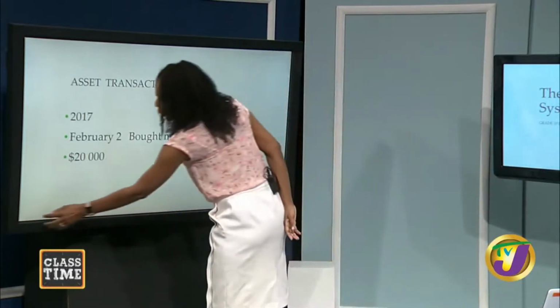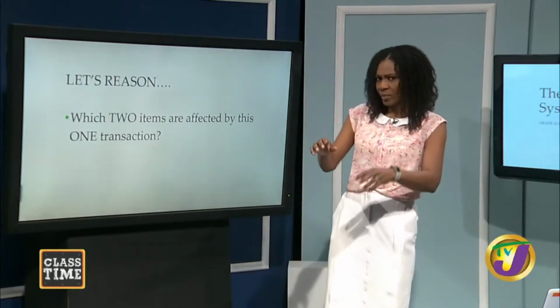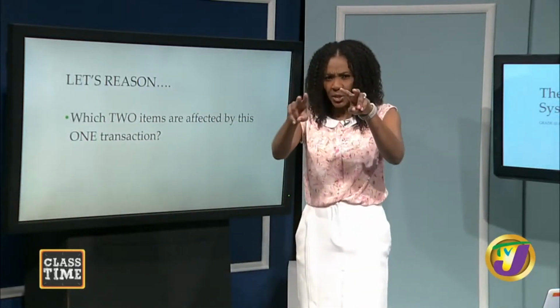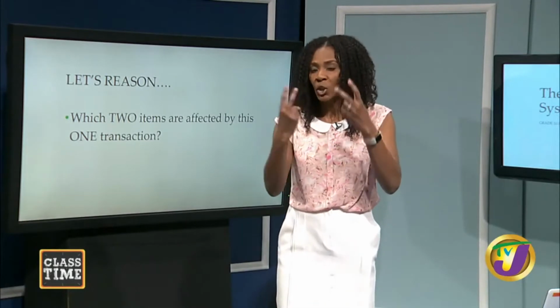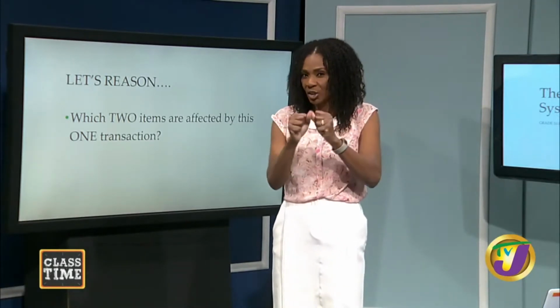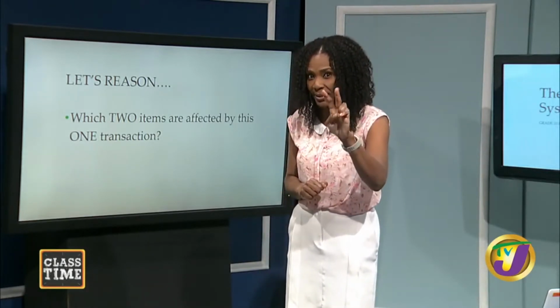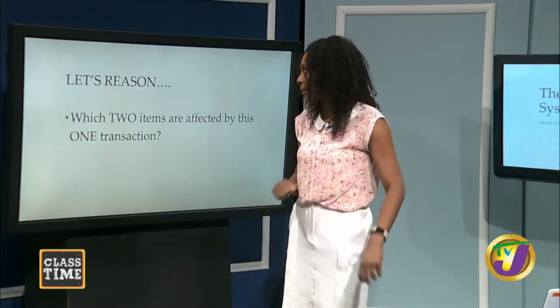I want you to reason with me. The first thing you need to do is to pick out which two items are affected by this transaction, because we need to record the transaction twice based on those two items.